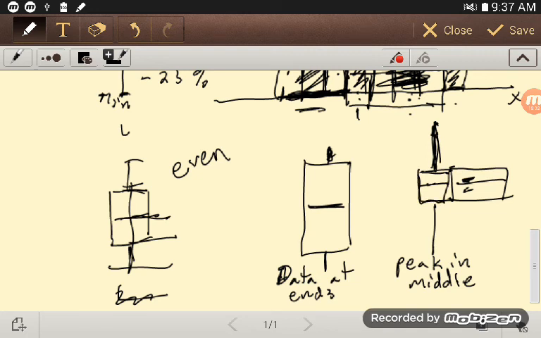If our data were kind of pushed out to the two ends, not much in the middle, sort of just the opposite of this one over here, then we should see little short whiskers and a very big box in the middle. And if the data is relatively even, then we'll see whiskers that are similar in size to half the box.